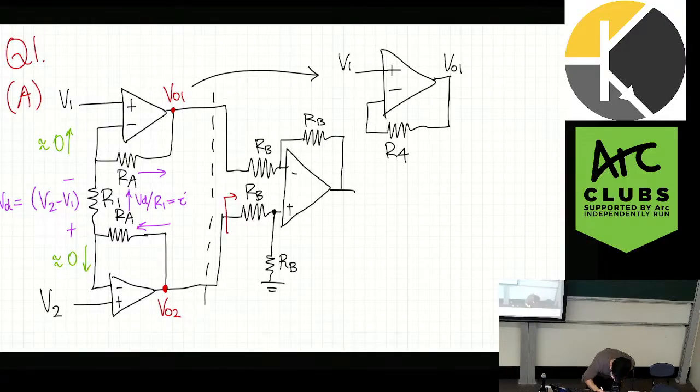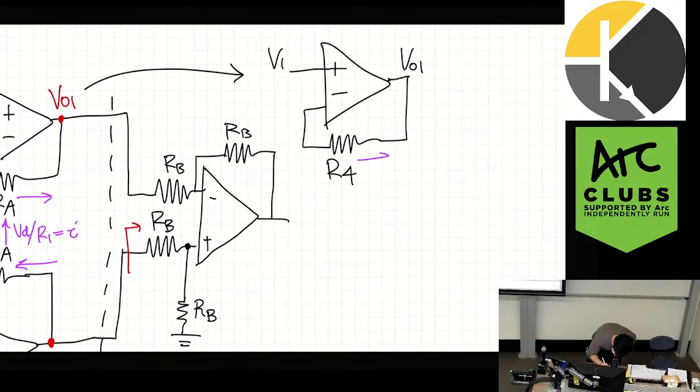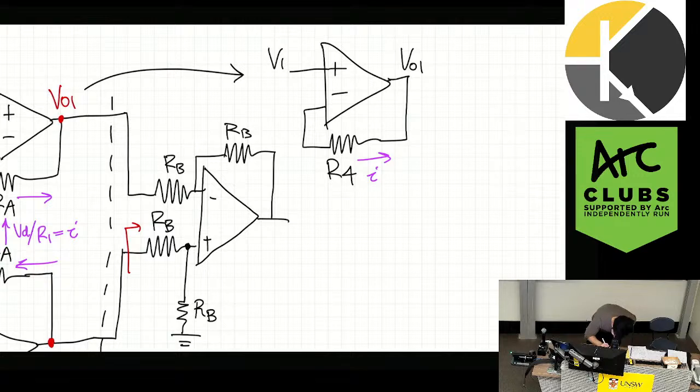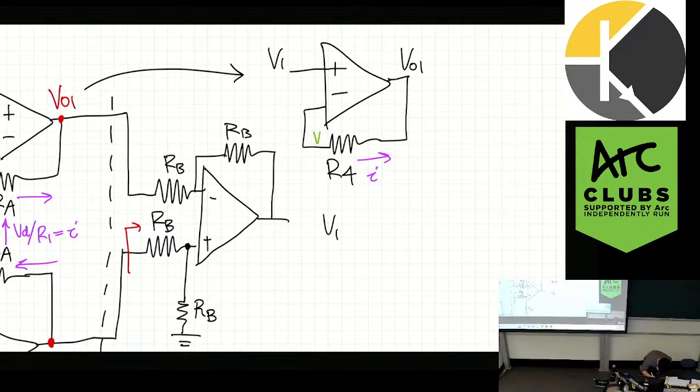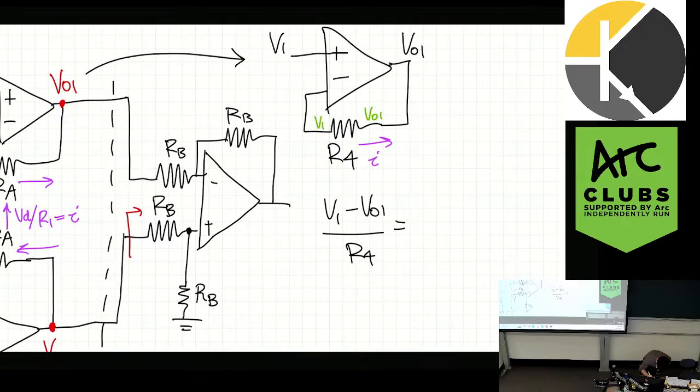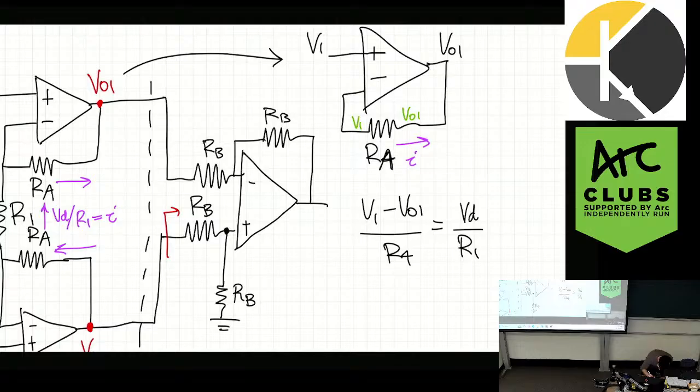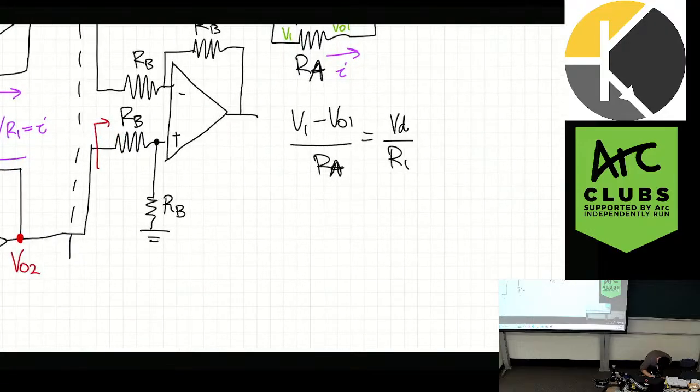It's just Ohm's law at this point, because I know what this current is. It's I. So I'm going to have V1 minus Vout1 on R4 equals the current, which I just said was VD on R1. Oh, I shouldn't be labeling R4, it's RA. Then I can rearrange this slightly, and I get Vout1 equals V1 minus RA on R1 VD.